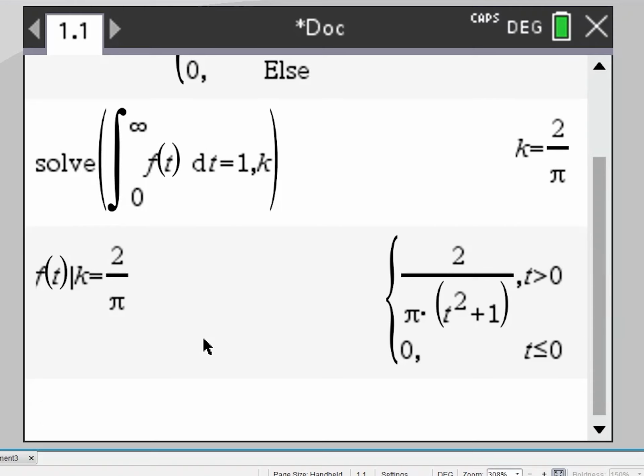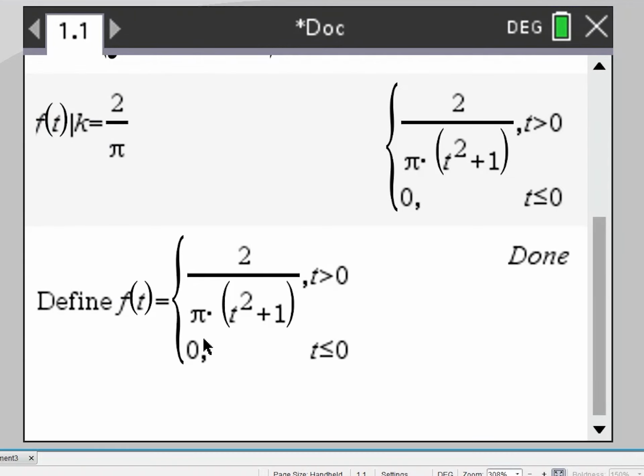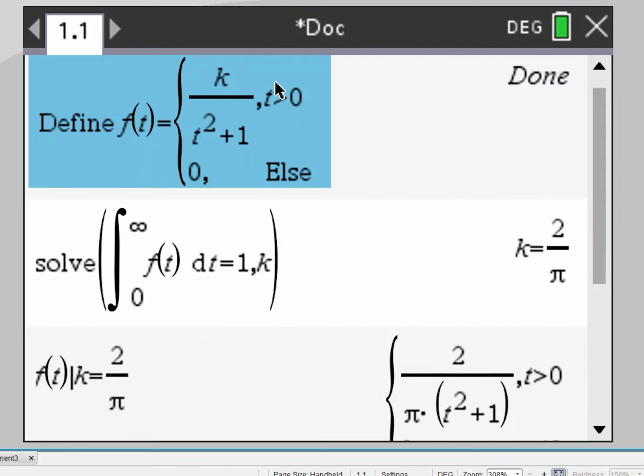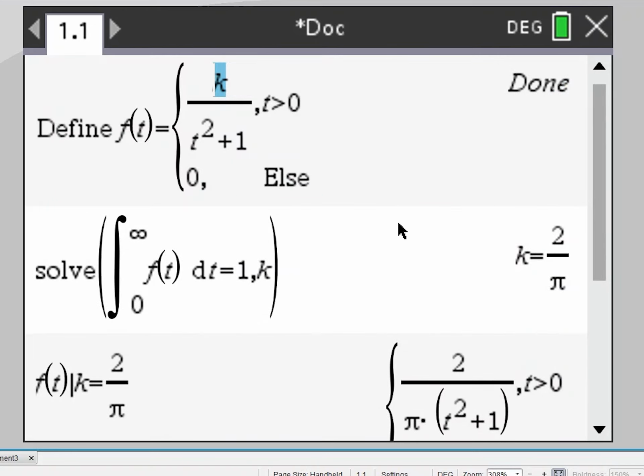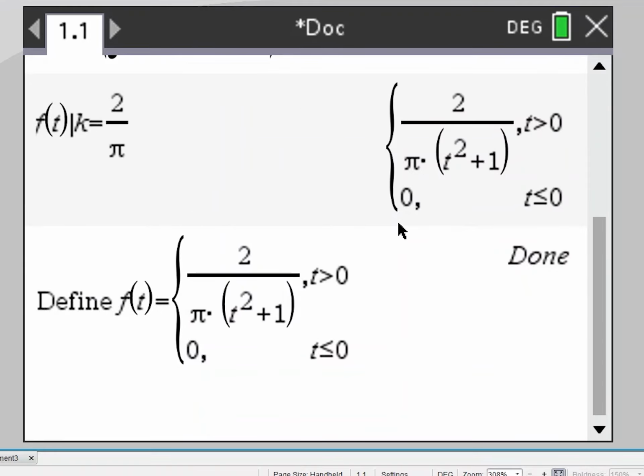So let's define our function again. So menu 1, f of t equals to this function now. The reason I defined it again was because our function was previously defined in terms of k, so once I substituted the value of k in, I defined it again, so now it's going to have the value of k in the function.